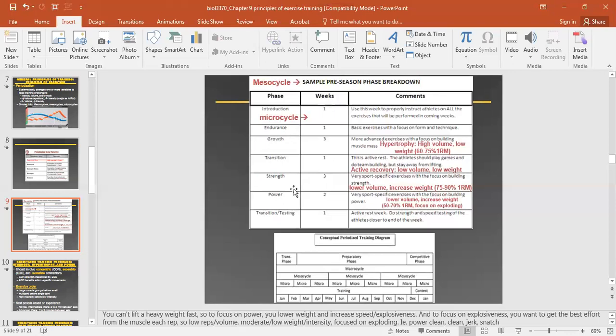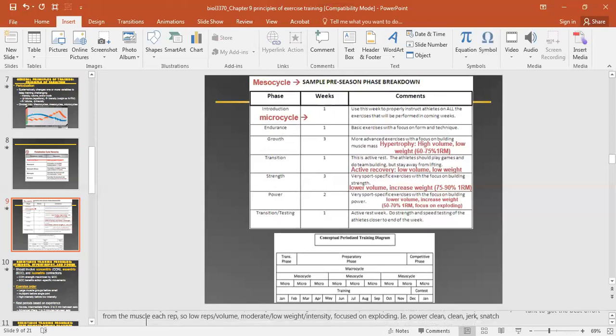And typically what happens is at the end of each mesocycle, we retest 1 repetition maximum to determine gains.